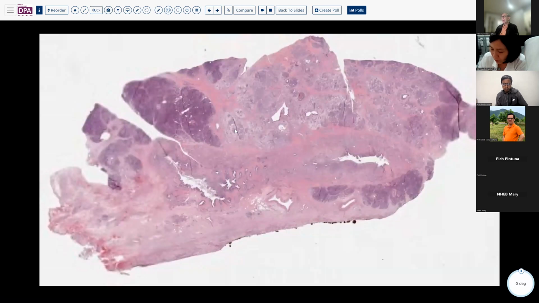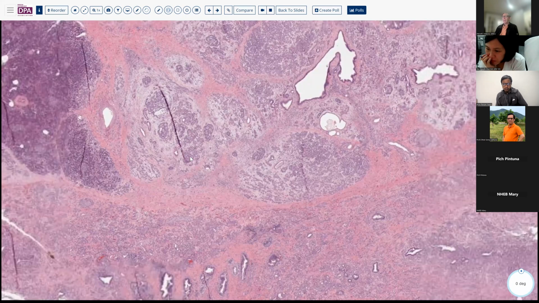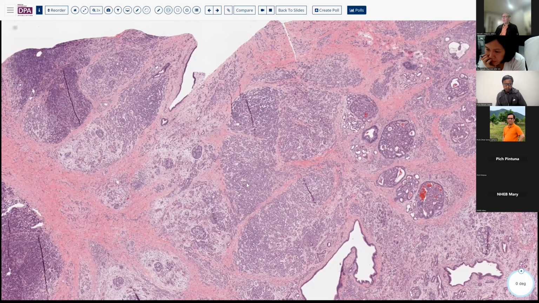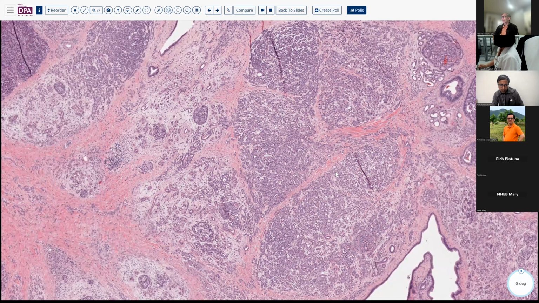So here's an example. As you can see, we have a little bit of residual pancreatic tissue here that looks normal, but then we have these areas where there is a degree of lobularity, but it is altered to a significant degree and is composed of, as you'd expect, acinar type of epithelium, but it's not organized in the way that a normal acinus is, even though it has this sort of vaguely lobular appearance.